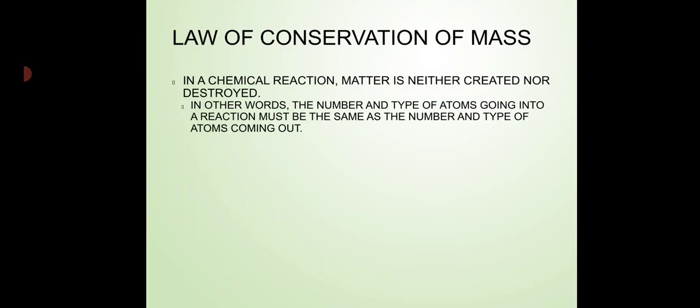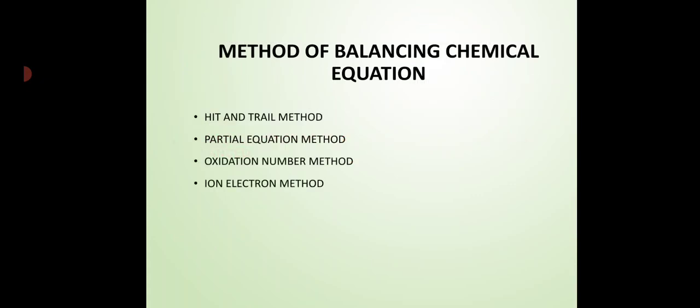In other words, the number and the type of atoms going into a reaction must be the same as the number and the type of atoms coming out. So if an equation obeys the law of conservation, then it is called a balanced chemical equation.